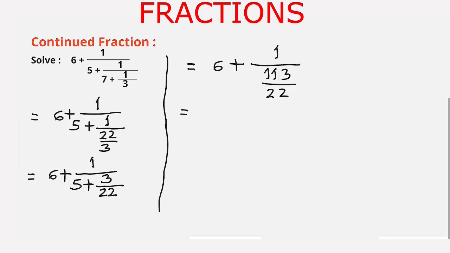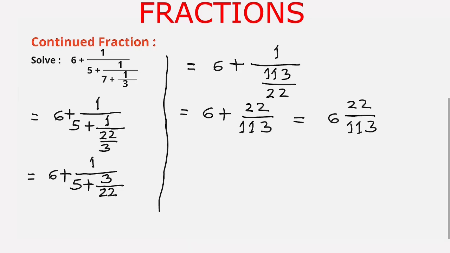This is equal to 6 plus, the denominator of denominator goes into numerator, and 1 multiplied by 22 is 22 upon 113, and this is equal to 6 whole and 22 upon 113. This way you have to solve the continued fraction. We have to start from the bottom and solve this question the way I have solved it.